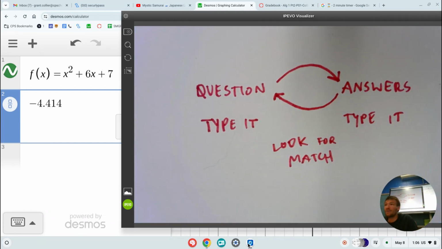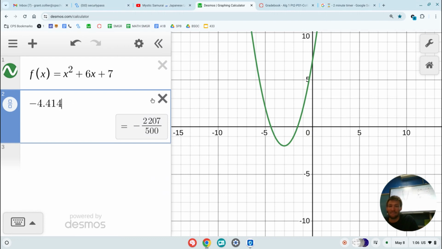I'll tell you right now, if you taught a 5th grader, type the question in, type the answers in, and look for a match, I literally think they would pass the SOL test, okay? If you ever get stuck and you're thinking, I've never seen this before, type the question in, type the answers in, and look for a match. That will work enough times, basically, to get you to pass.